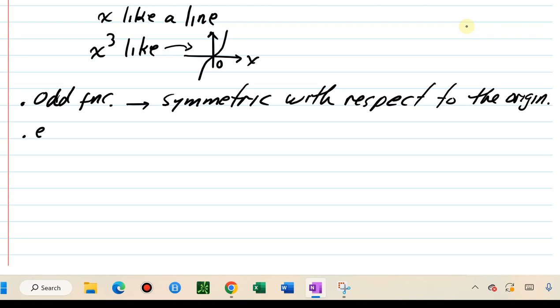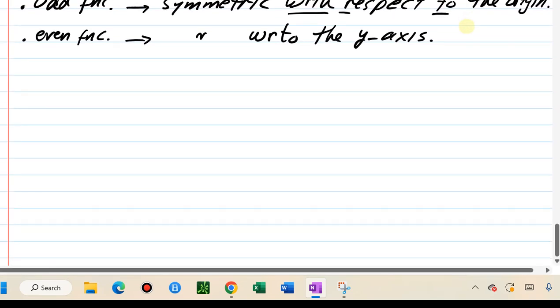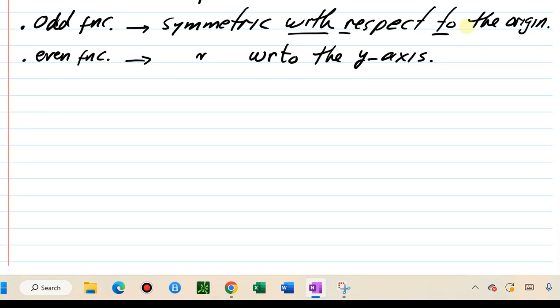And if the function is even, then it would be symmetric with respect to the y-axis. Okay, so we can always do those tests for symmetries. And again, if you go back to our previous lectures, we talked about odd and even functions and how to do it.